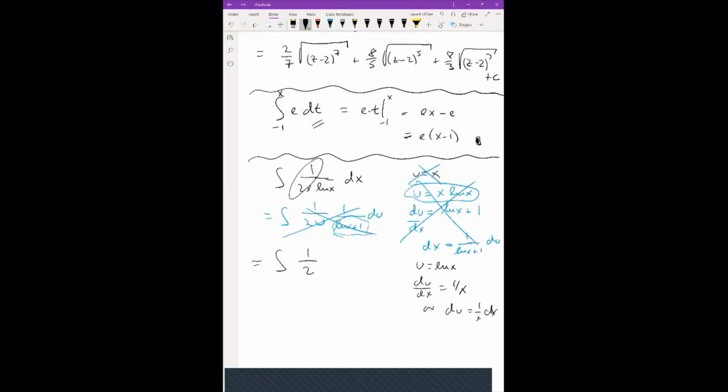Then you have logarithm of x is u, and the 1 over x dx is du, which is then the same as 1/2 the logarithm of u plus a constant. So it is 1/2 the logarithm of x plus a constant.